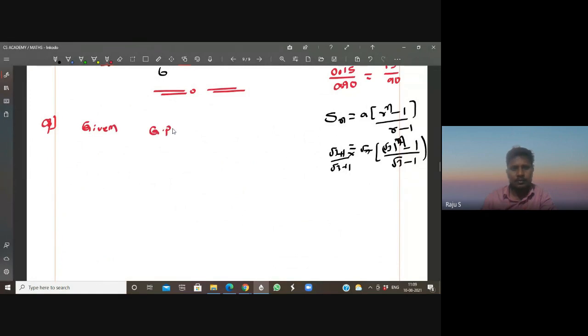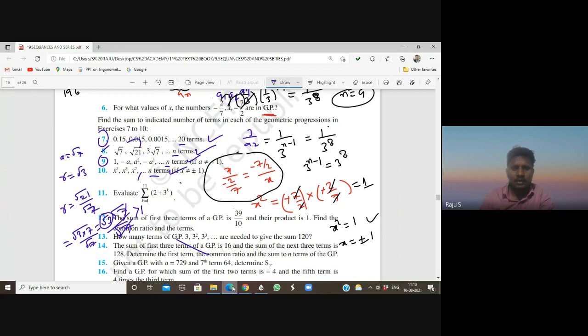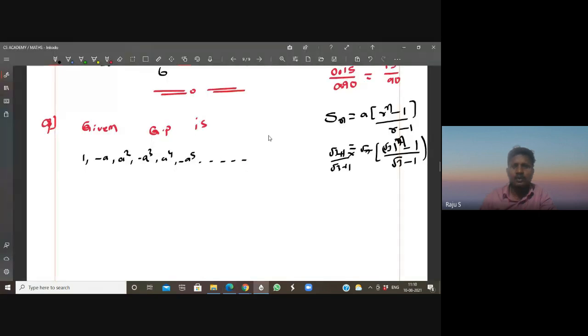Tell me, students, what is the geometric progression? 1, minus a square, minus a cube, a power 4, minus a power 5, and so on like that. This is the given geometric progression. In that we need to find the sum of the first n terms.